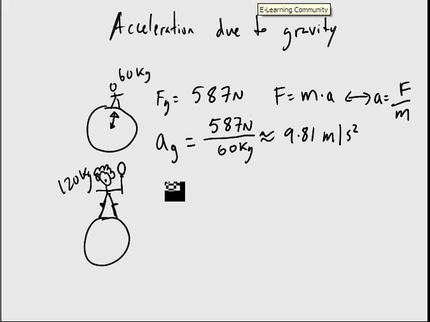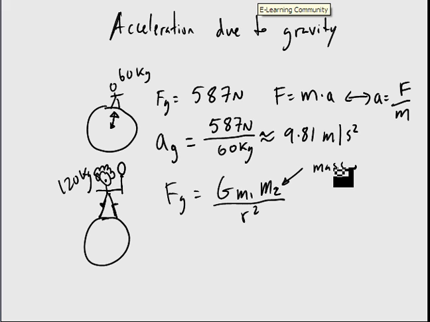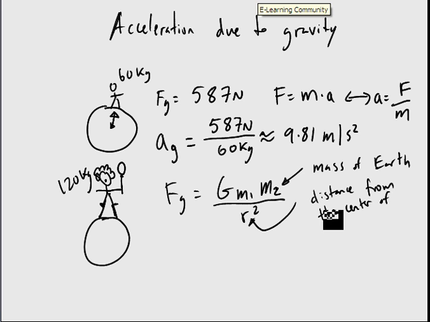Well, if we look back at the equation for gravity, Fg equals big G m1 m2 over r squared, and m2 is the mass of Earth, and r is the distance from the center of Earth to the surface, which in this case is the radius.